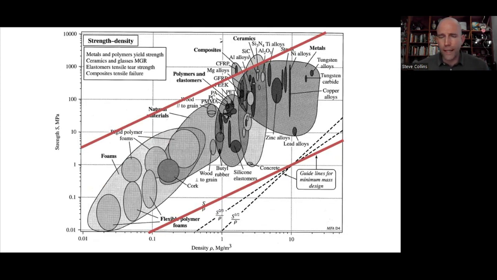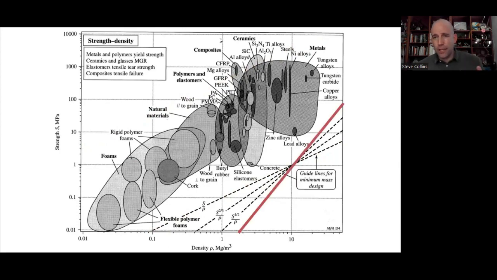Now, I think this is intuitive to people, and people think, oh yeah, carbon fiber, everybody knows it has a good strength to weight ratio. But it really does depend on the loading conditions and the geometries that are involved. If we picked slightly different loading conditions and geometries, we could come up with a situation where we really wanted a high ratio of strength to the 1/3 power divided by density.